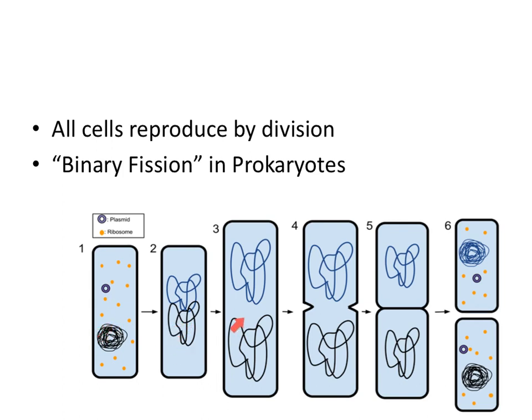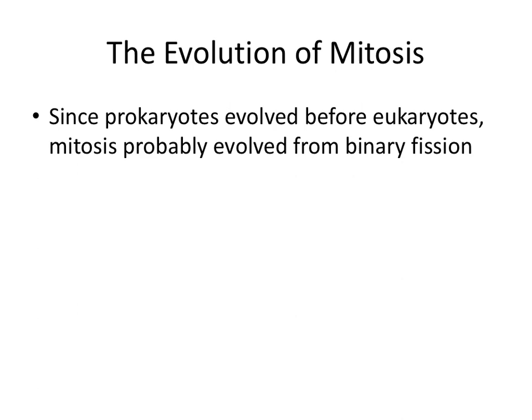They get pulled apart. We split them down the middle in cytokinesis, and then we have two different cells. Your instructors in Madison used this term binary fission, but you didn't know it yet. So mitosis in prokaryotes or bacteria is just called binary fission. Since prokaryotes evolved before eukaryotes, mitosis probably evolved from binary fission, which is kind of cool.